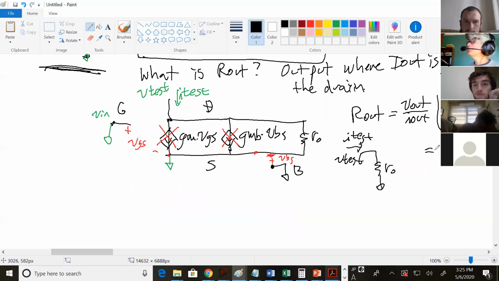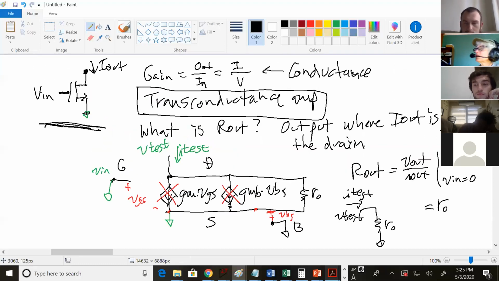What's R out? RO. And you're done. So the R out of this, I forgot to say this in the last class, but this R out, is RO big or small?